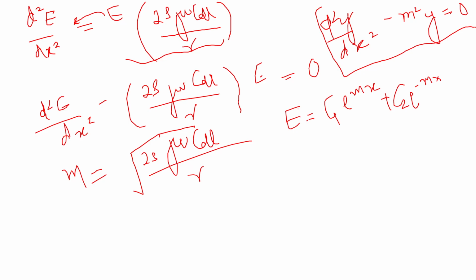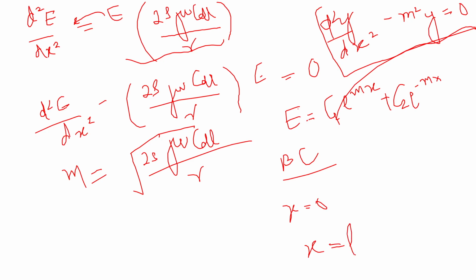For such a problem, your solution will be E equal to C1 e raised to mx plus C2 e raised to power minus mx. Now what you have to do is find C1 and C2, so you need to know the boundary conditions. What are the boundary conditions? You have a pore, with x equal to 0 at one side and x equal to L at the end of the pore.